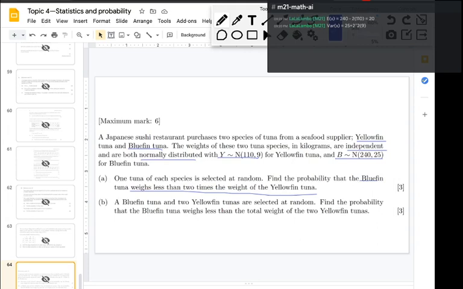Get it? And then you just enter it into the calculator, the probability of x being less than 0, and you would get that. And also draw a diagram just in case you need it.